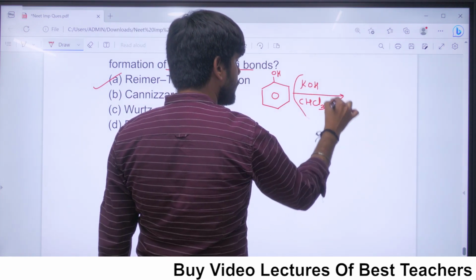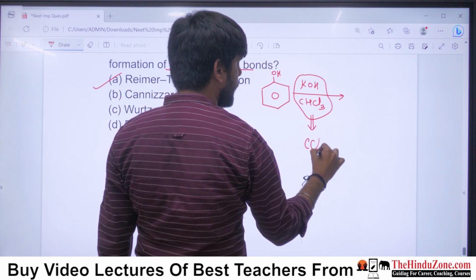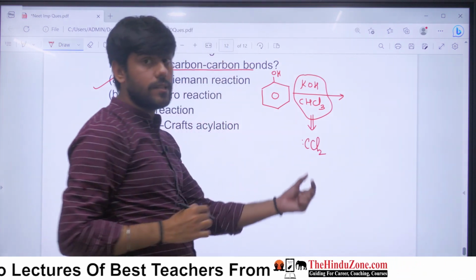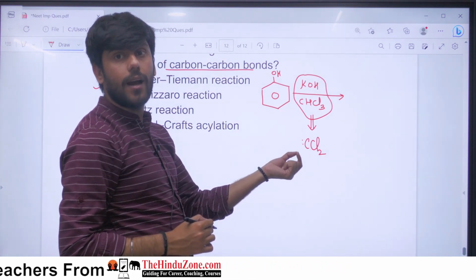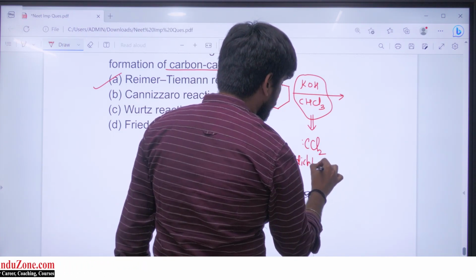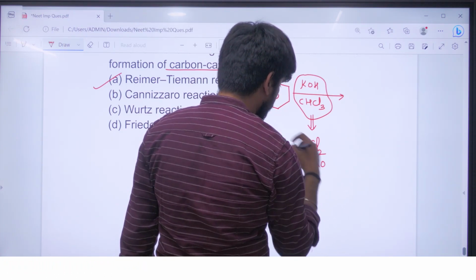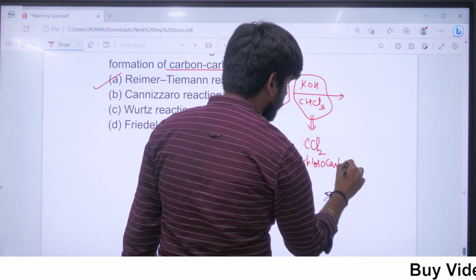This combination results in the formation of the electrophile, and this electrophile is dichlorocarbene. Please note that this question has been asked many times. This is frequently being asked in the exam. So this is your dichlorocarbene.